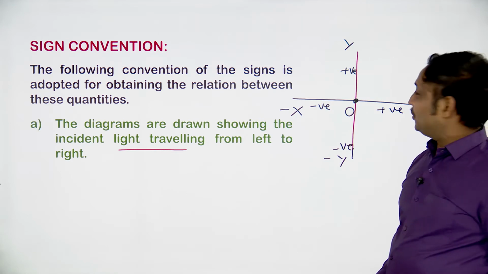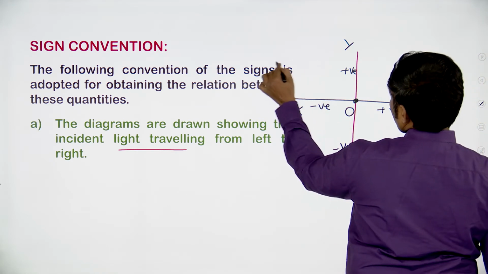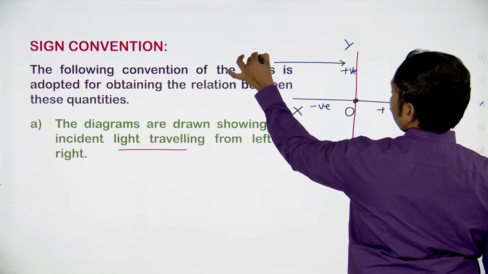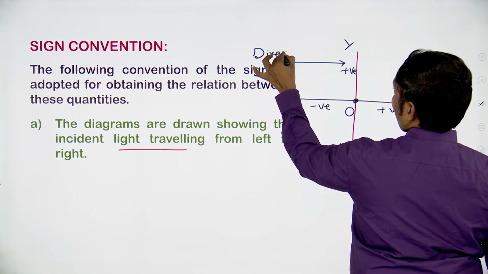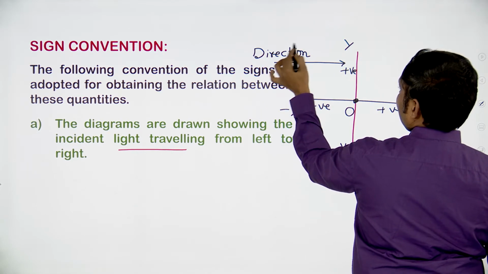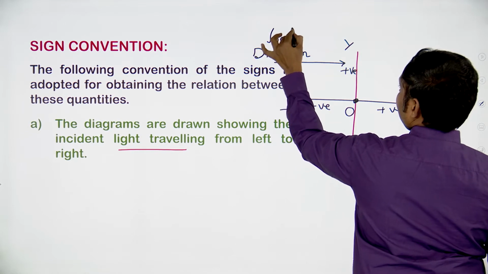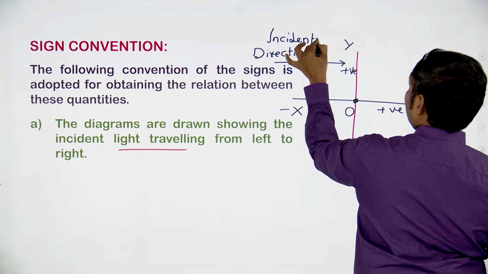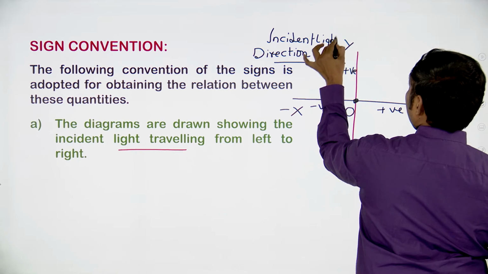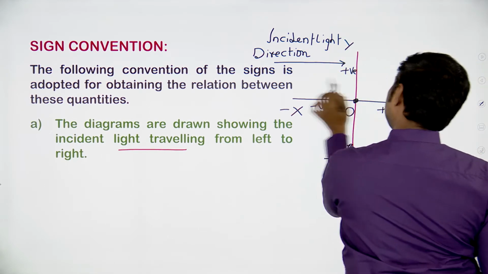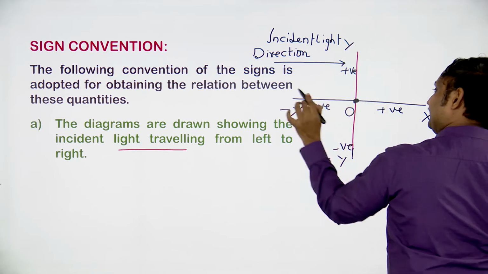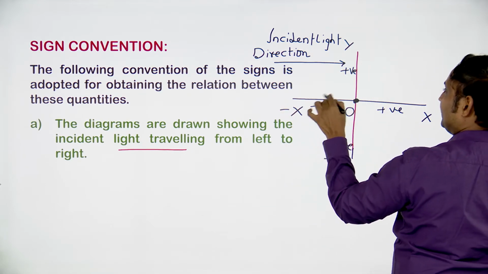Light is going to be incident from left to right. This is the direction of incident light. In the opposite direction, we are going to get negative.